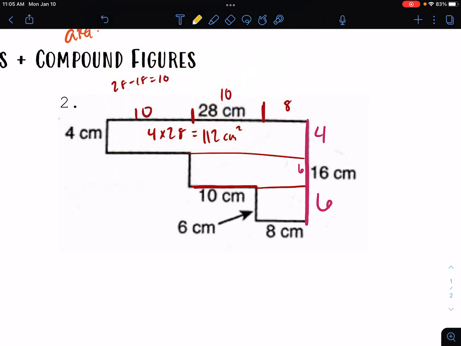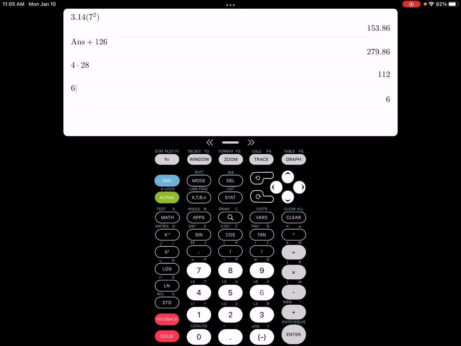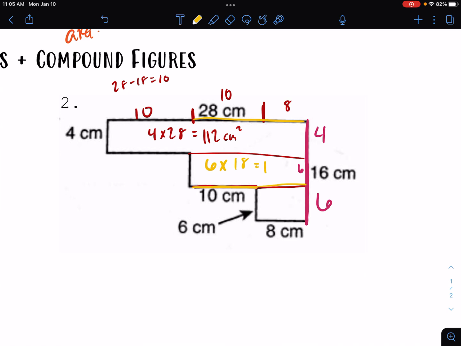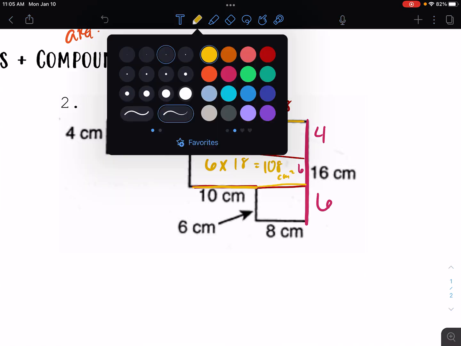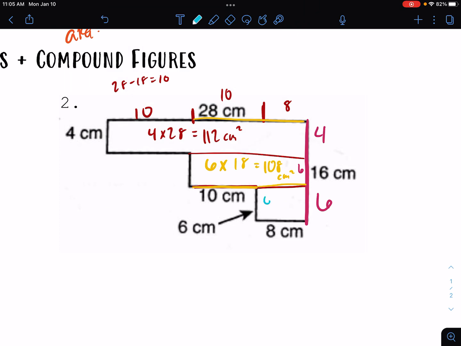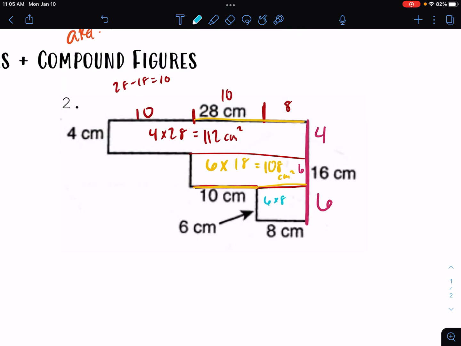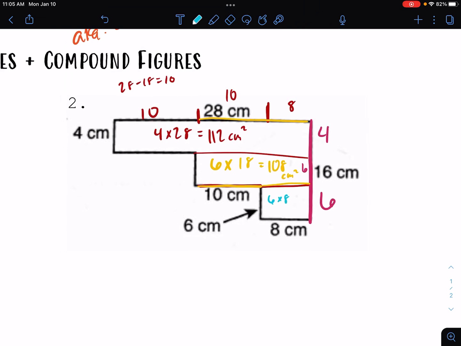Okay, so in the same fashion, let's continue. We have a 6 times 10 plus 8, okay, because it went this length. 10 plus 8 is 18, so let's do 6 times 18. 108 centimeters squared, and let's do the final one. 6 times 8, and that is 48 centimeters squared.